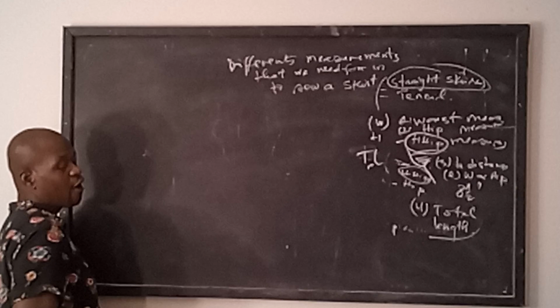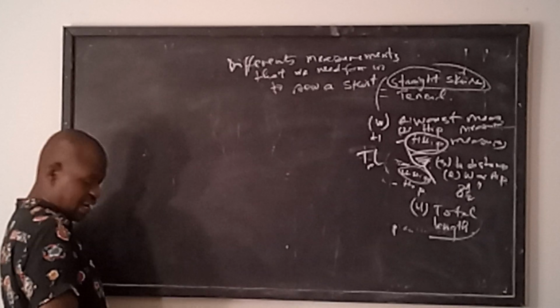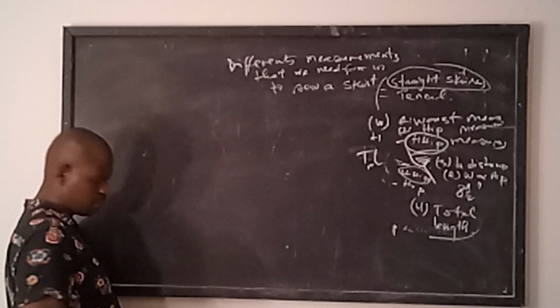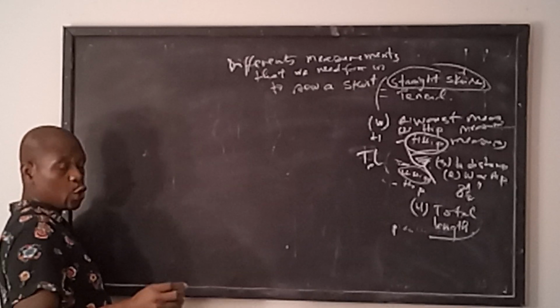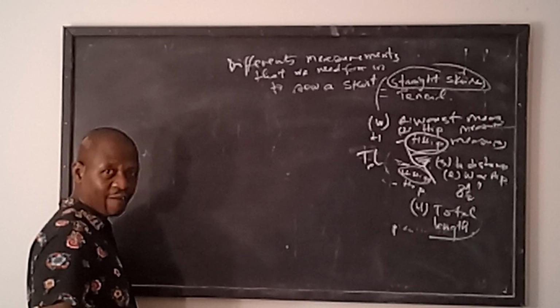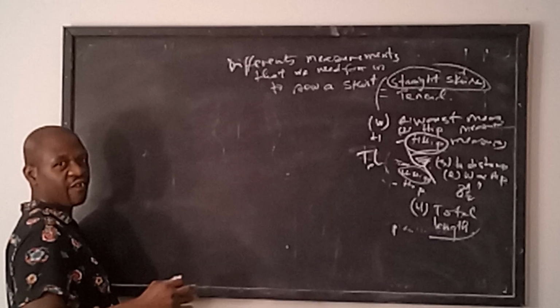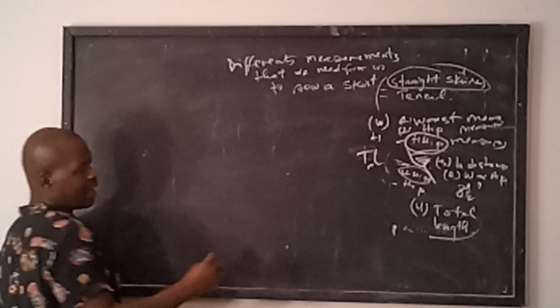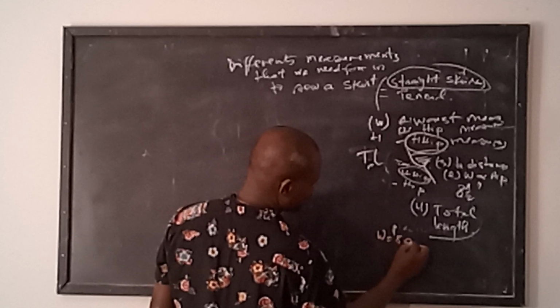After getting all these measurements, you have to use them. I'll use some practical values so that everyone can understand when I use the formula. Let's say our waist is 80 centimeters.